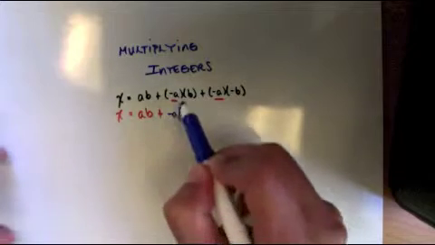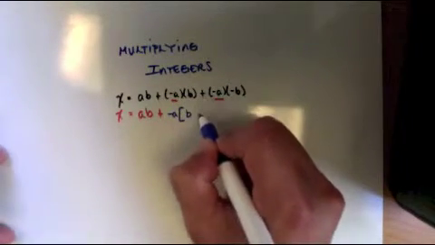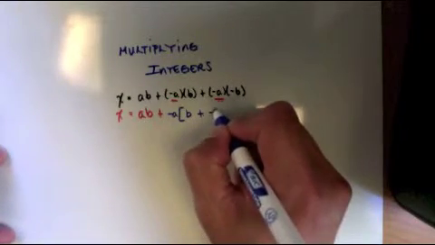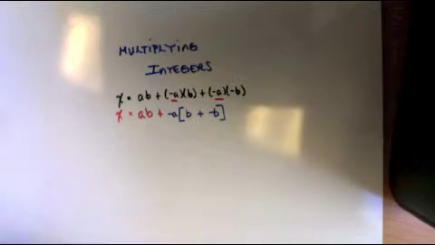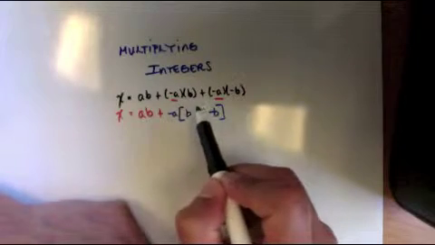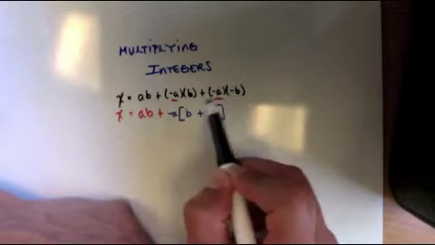So what am I left with? I'm left with the letter B inside plus a negative B, because I took out a common variable. From here I took out the negative A, from here I took out the negative A.